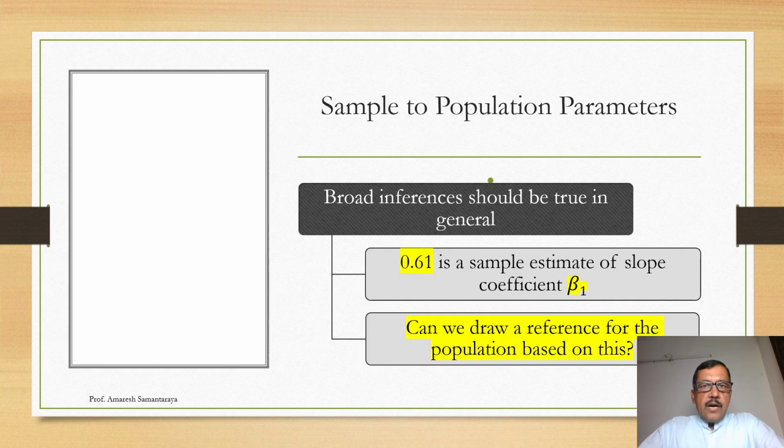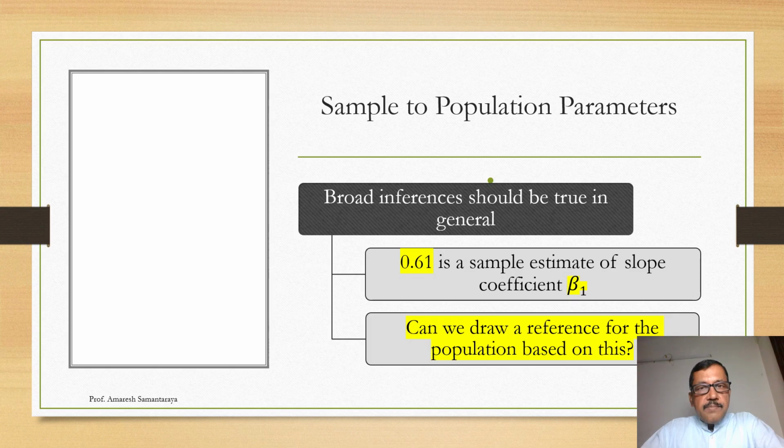So if our objective is to test the Keynesian consumption function, and Keynesian consumption function suggests the value of the slope coefficient should be greater than 0, less than 1, then based on my sample estimate of 0.61, can I make an inference on that?